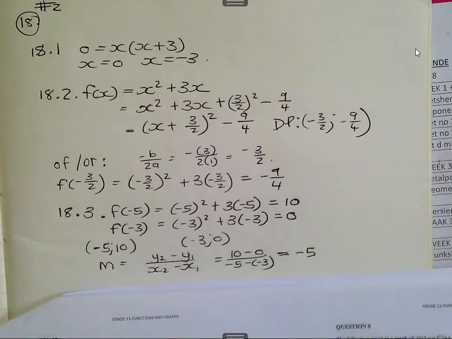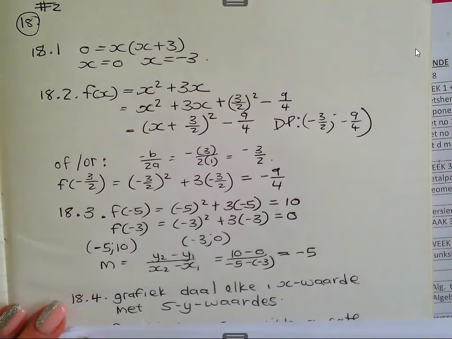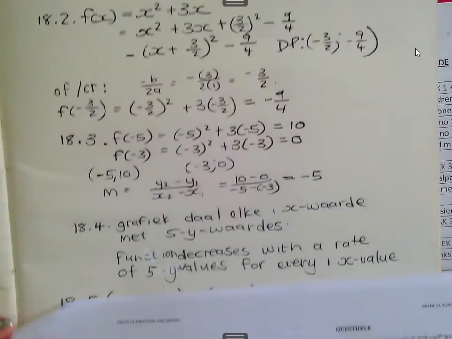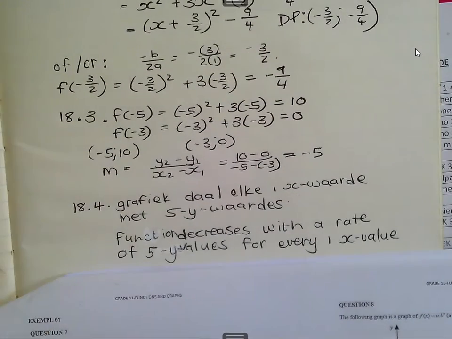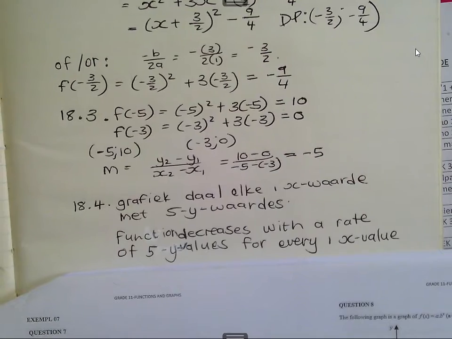Does that make sense? Because it's y over x, so it's 5 over 1. 5 y values for every one x value. If it was 1 over 5, it would be decreasing with 1 y value for every 5 x values. Do you understand how we write the rate? So therefore, I said the function decreases with a rate of 5 y values for every one x value.